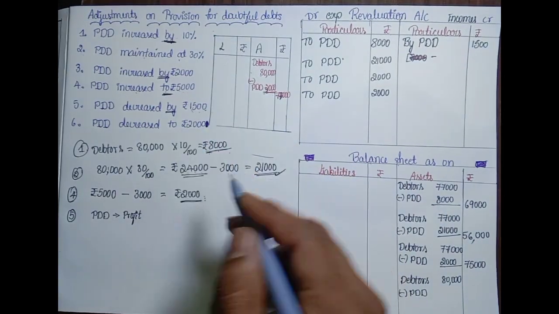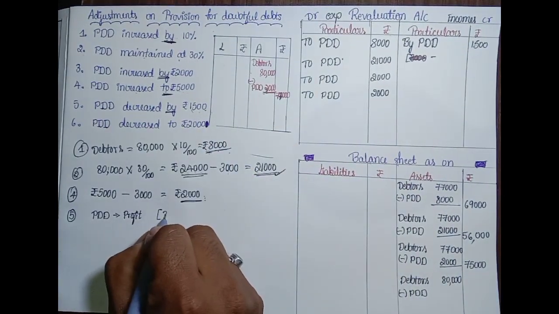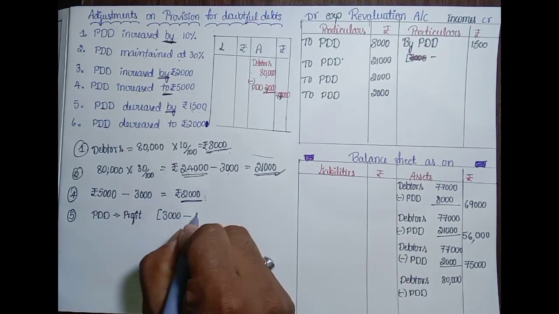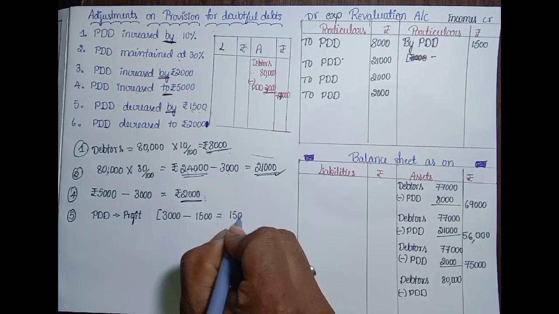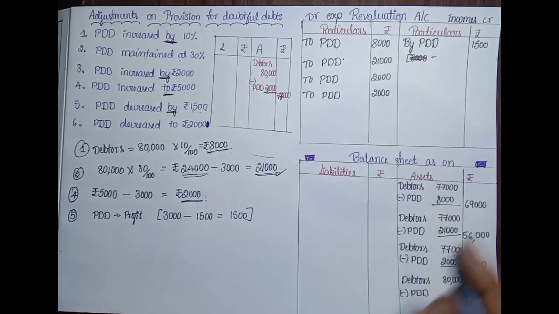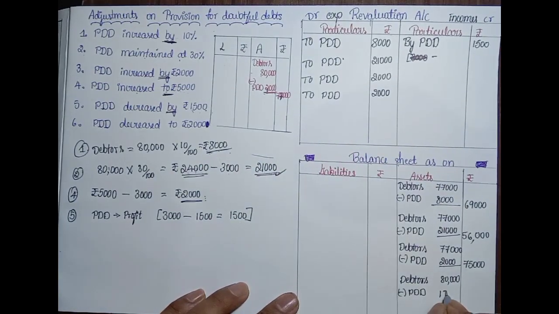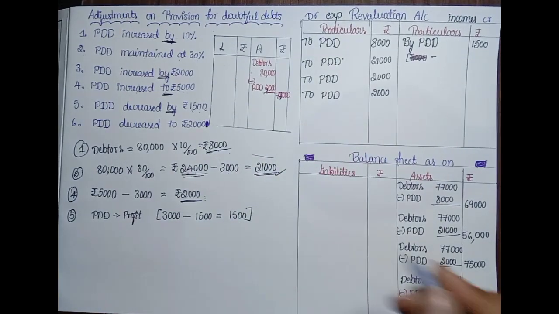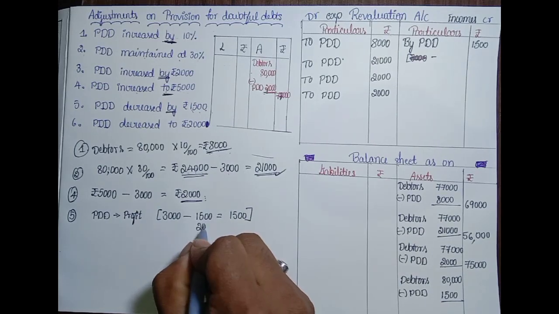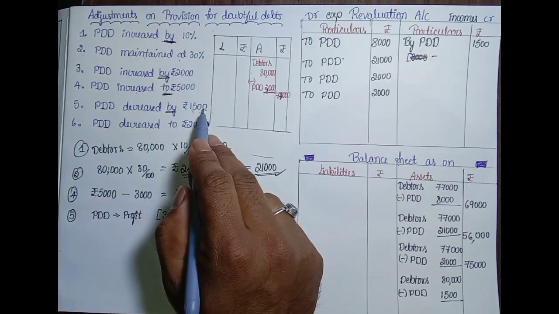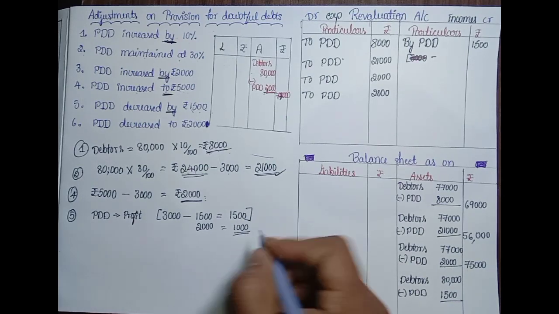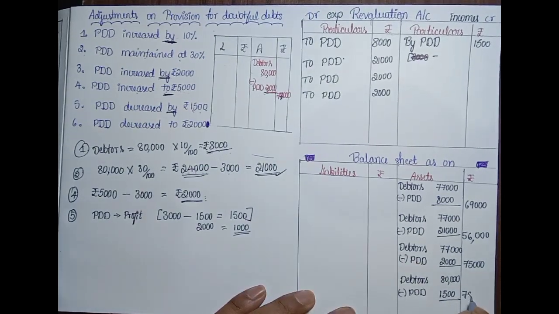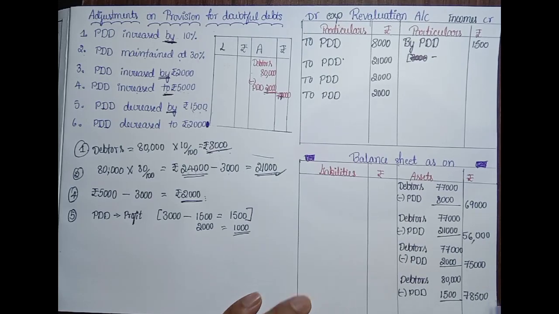Then 3,000 minus 1,500, the remaining amount 1,500 rupees will remain as provision for doubtful debts. So we need to take here only 1,500. In case, for example, if it is decreased by 2,000 here, then we need to take here only 1,000 rupees as provision. So the remaining amount, that is 78,500, we need to take in the outer column.